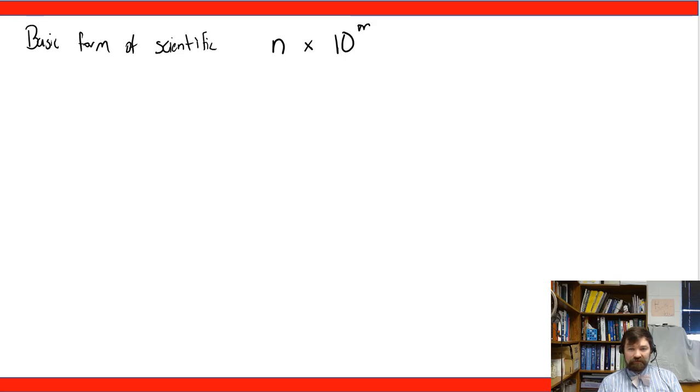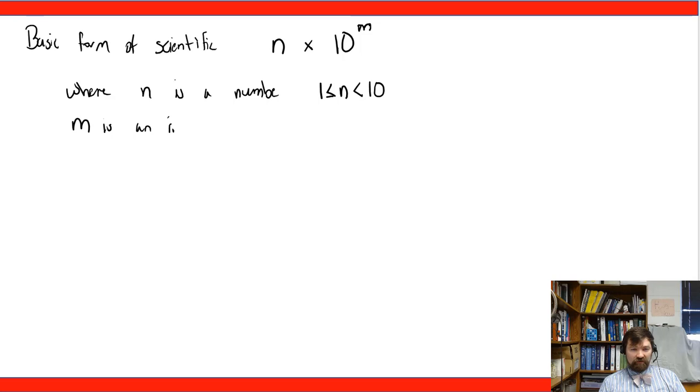So I will use 10 to the m, where n is a number such that 1 is less than or equal to n, which is less than 10. And m is an integer. Could be positive, negative, or 0.